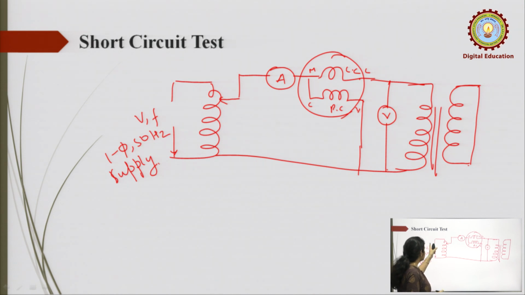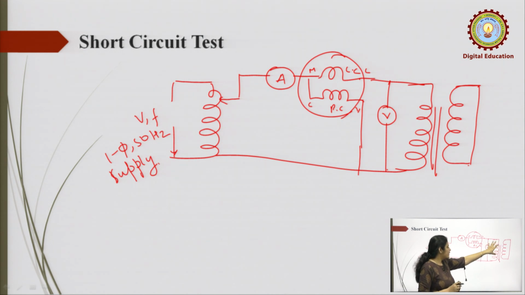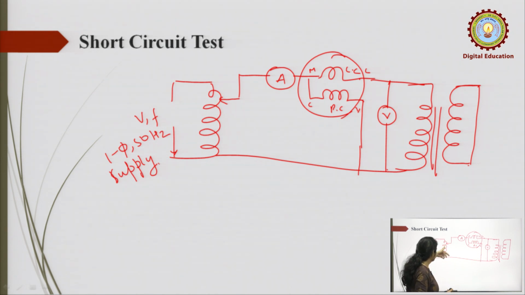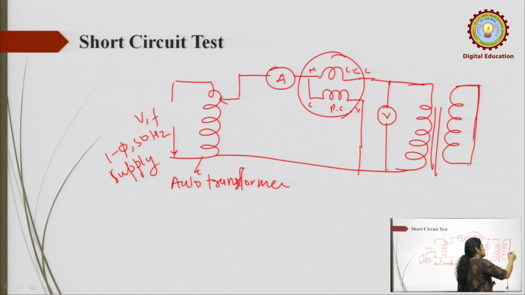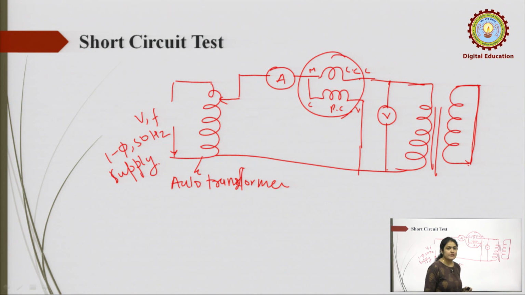In the short circuit test, we are going to perform the test on a two winding transformer, so you connect the two winding transformer in this manner. We apply the voltage through this auto transformer, and we short the secondary winding.